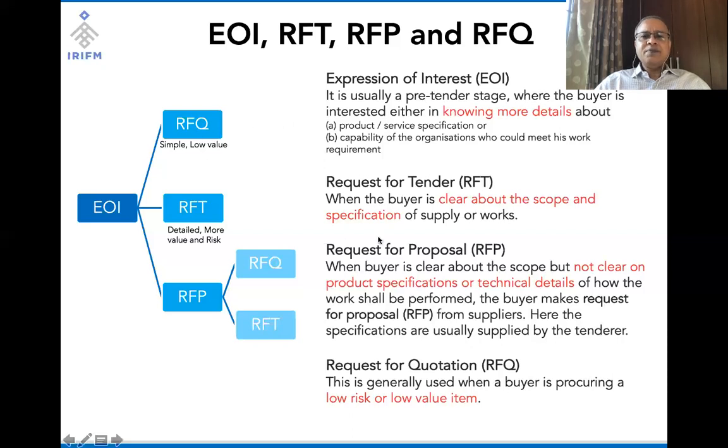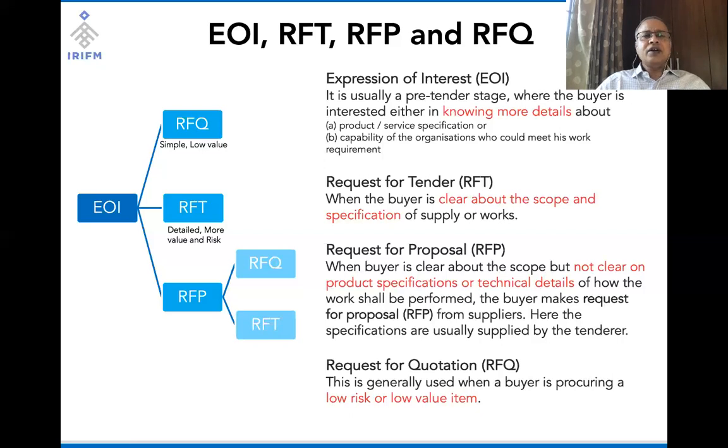The difference between RFT and RFQ, which I've written here: RFQ is request for quotation, and quotations are invited for low value items, which are low risk. They are simple items. Typically, in railways, quotations are invited for maximum value of items up to 5 lakh rupees.